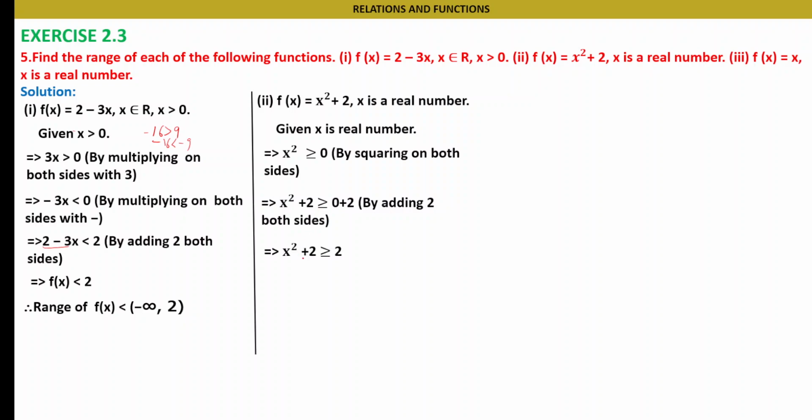It implies x square plus 2 is greater than or equal to 2, because 0 plus 2 is 2. x square plus 2 is nothing but f of x. So, f of x is greater than or equal to 2. Therefore, the range of f of x is 2 to infinity, where on the 2 side this is a closed bracket because 2 is included.